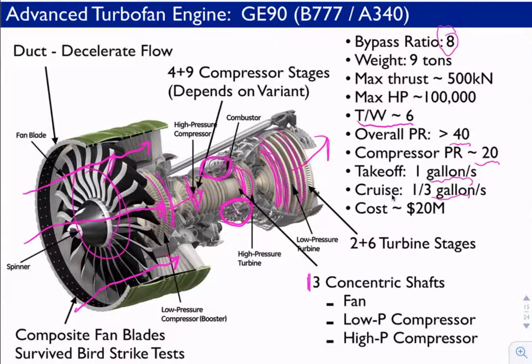So this seems like we're really blowing through gas, but because you're flying 220 meters per second plus, it actually is quite efficient in terms of passenger miles per gallon. 20 million a pop for these engines, and you can absolutely see all these stages, and each of these stages has up to 100 of these blade elements that are simply not allowed to fail, or you hope that they don't fail.